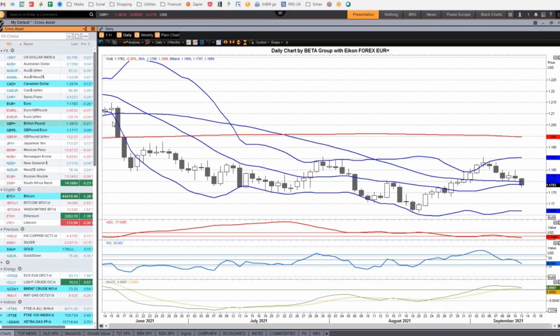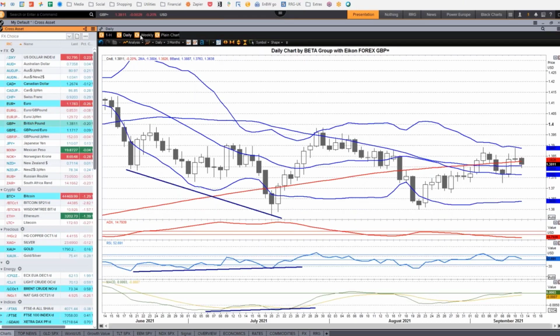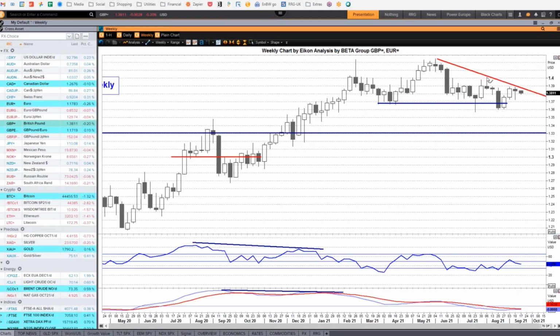Same with the pound, actually. Pound's weakened quite a lot as well. Let's look at the weekly chart first, actually. So here's the weekly. I've drawn this downtrend line in here, 1, 2, 3 points on it. Break up through that would be constructive.